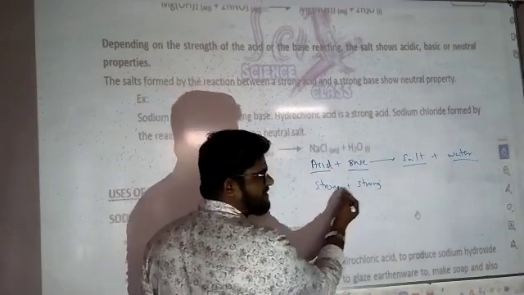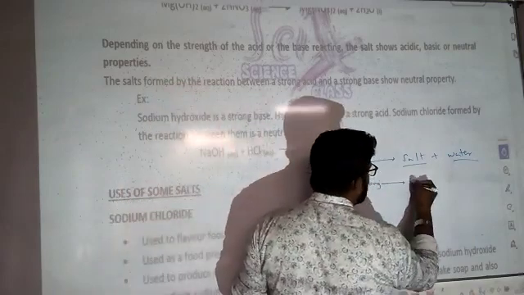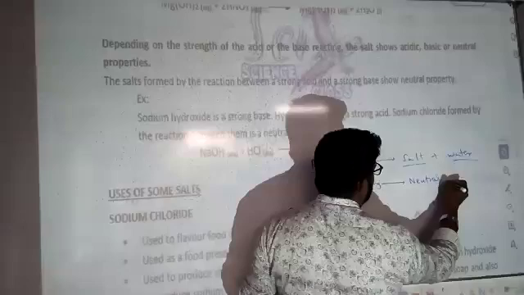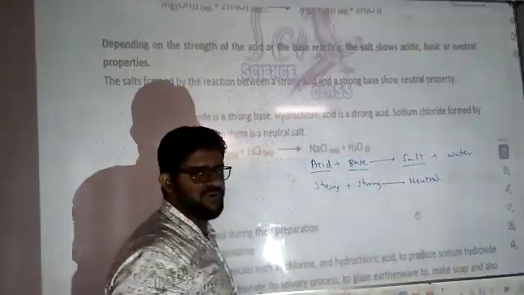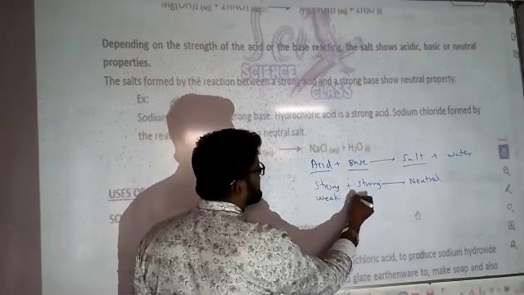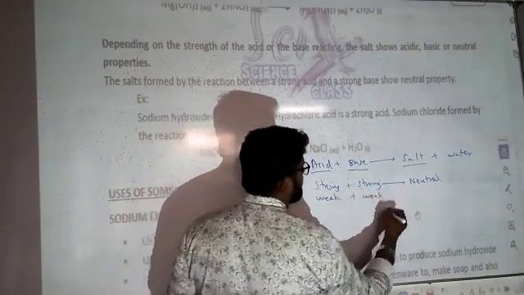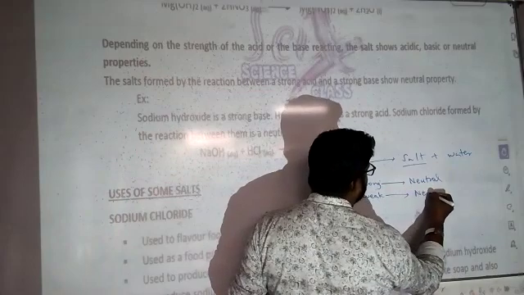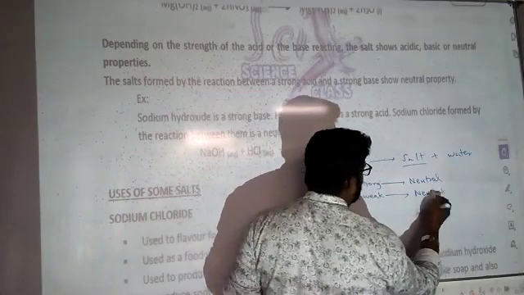If it is a strong acid and a strong base, the salt produced will be neutral. If it is a weak acid and a weak base, it also gives a neutral salt.